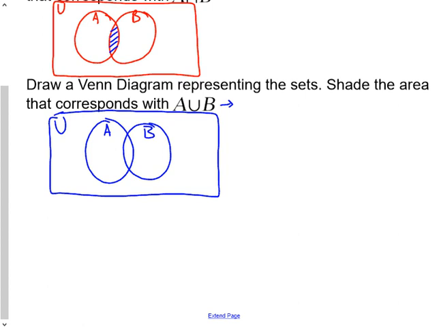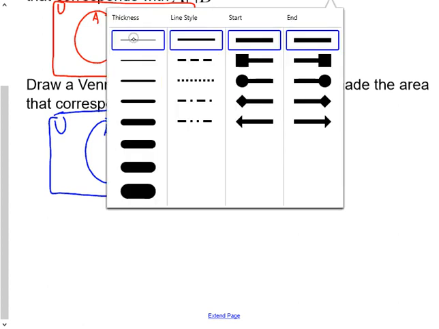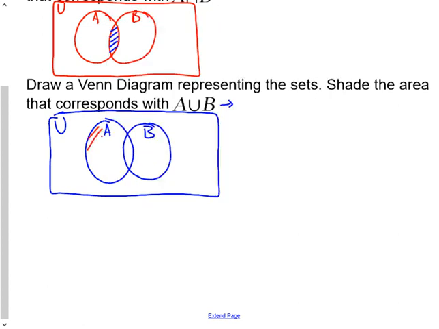There's the female students. And now shading the A union B is you just shade all of A. And then we're also going to add all of B, because that's how the union works. You have all of both sets in there, overlap and all. And that is the shaded version of A union B.